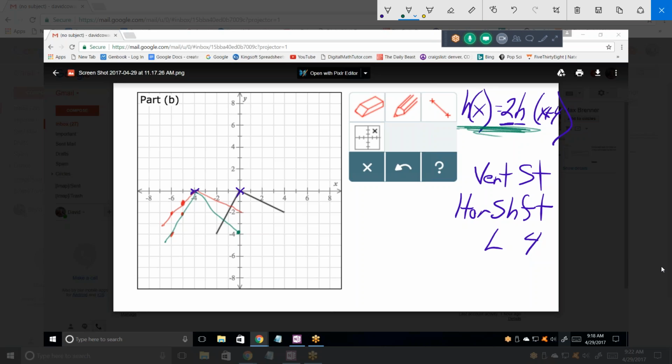So if that point's at -4, the second point's at -4, so wouldn't that go down to -8? No, remember the red curve is h of x plus 4. That's all it is. I took the black curve, I moved it left 4 units to get the red curve.